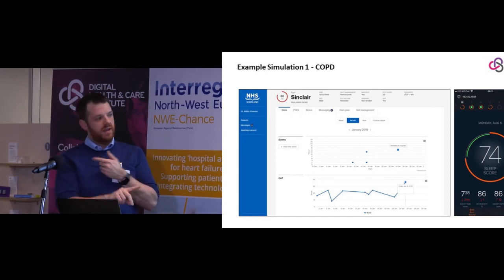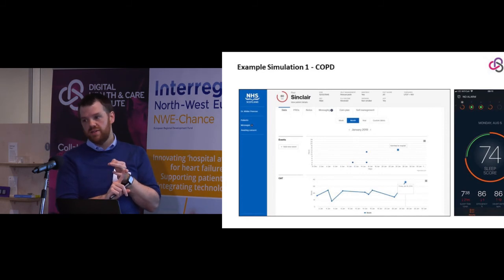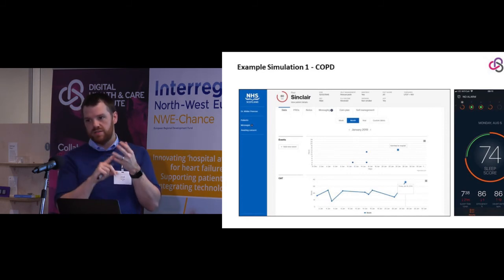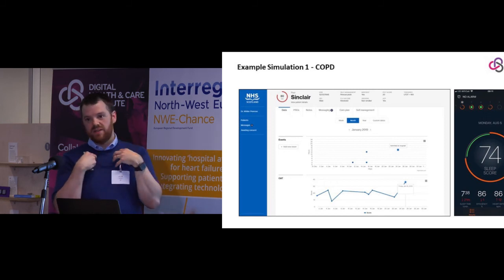Being able to gather heart rate, outcome measures, ventilation use, oxygen consumption, and pull that all into one place and allow the clinician access to that.